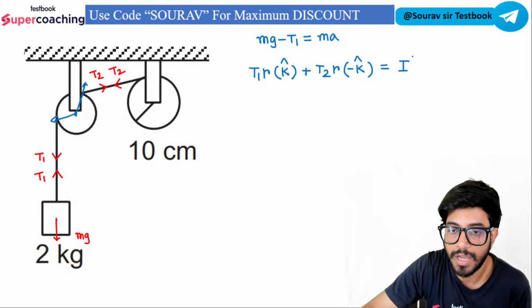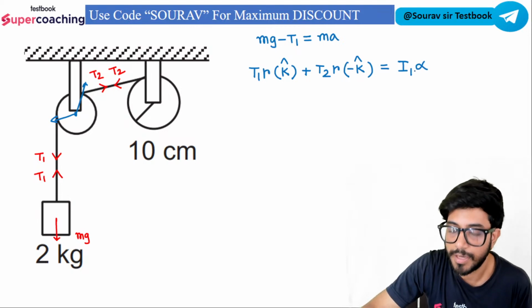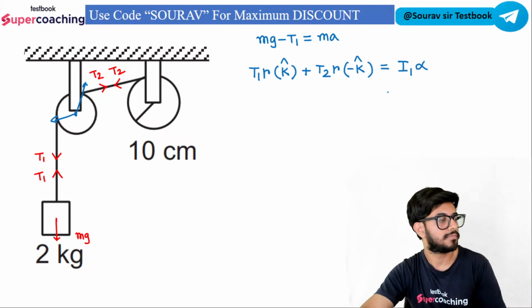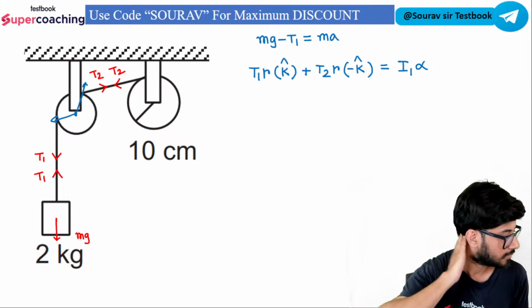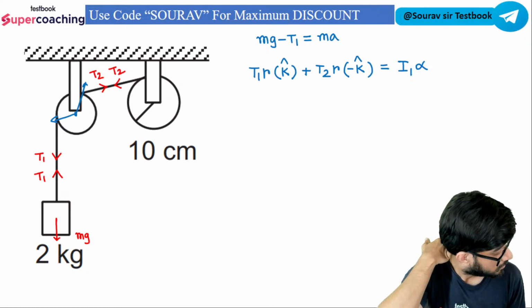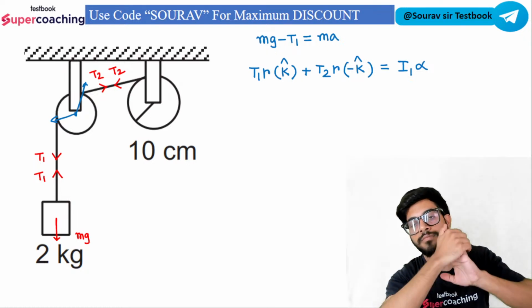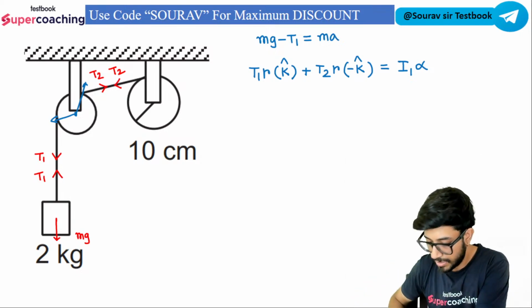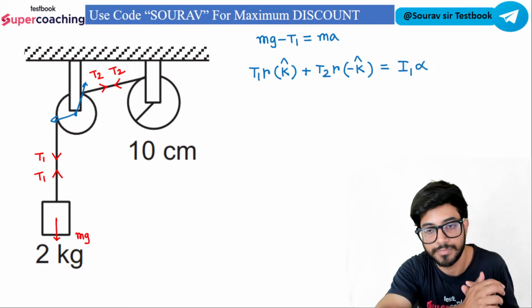Right? I1 into alpha. That's all I can say. You can write it down.